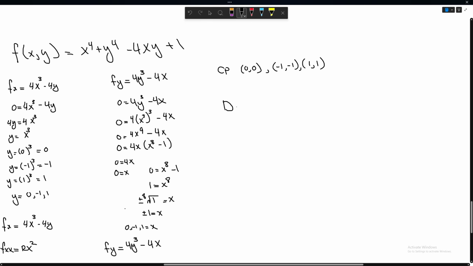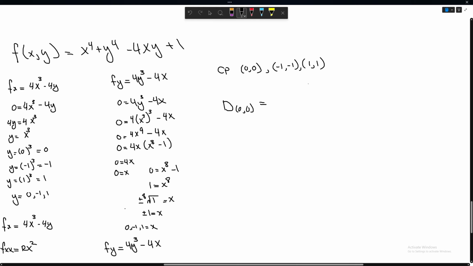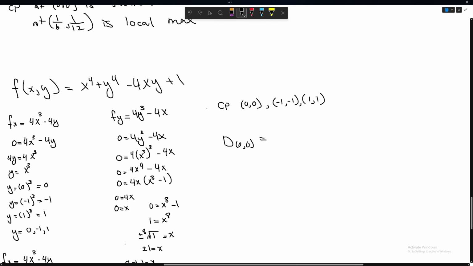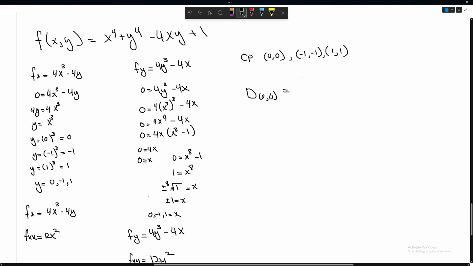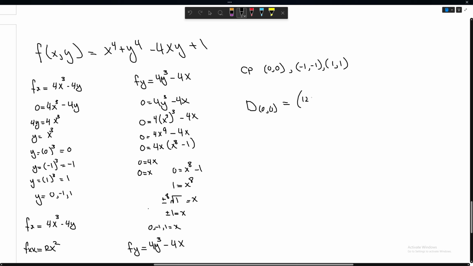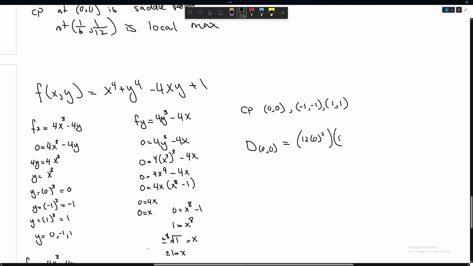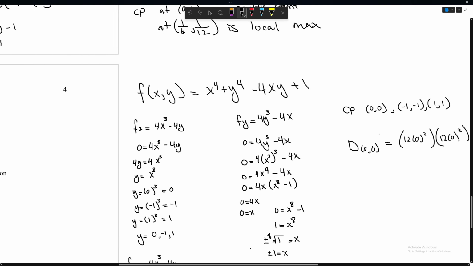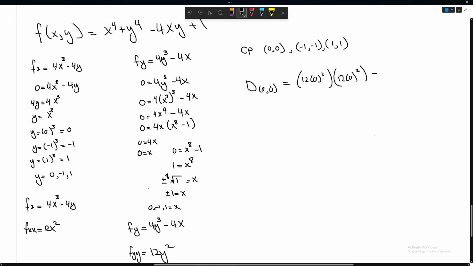D at 0, 0 equals fxx, which is 12x squared. So how does it go? This equation is given. So this times this. So you go 12, 0 squared times my fyy, which is 12y squared, and it's minus my fxy, which is -4 squared.